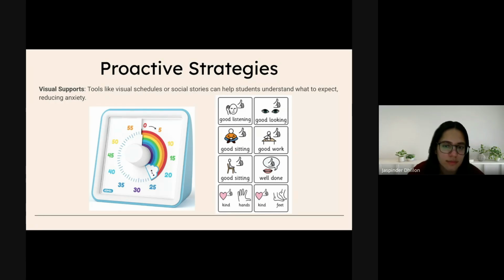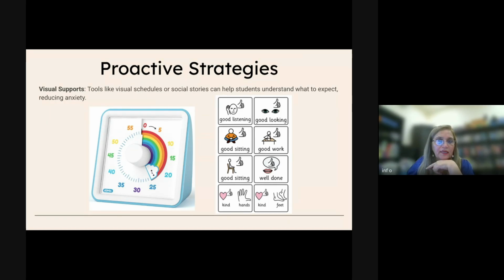So you are using the timers. I'm just going to step in so that I give you better ideas. You're using the timer to give the child a concrete understanding of what time is. Now, when you tell a little child that you're going to have to stop this in 5 minutes, and then you walk away and you come back after 5 minutes expecting him to understand what 5 minutes is, it's not going to work, right?